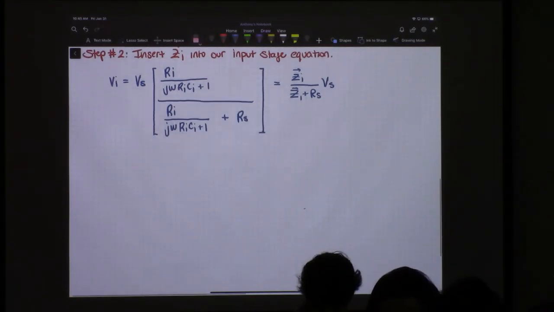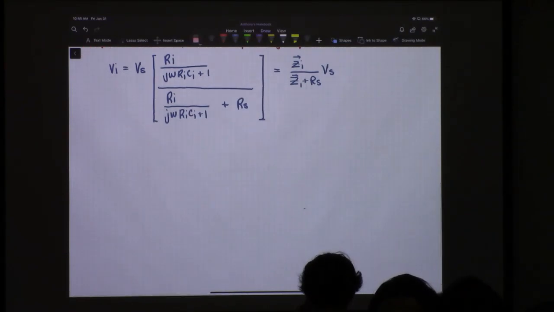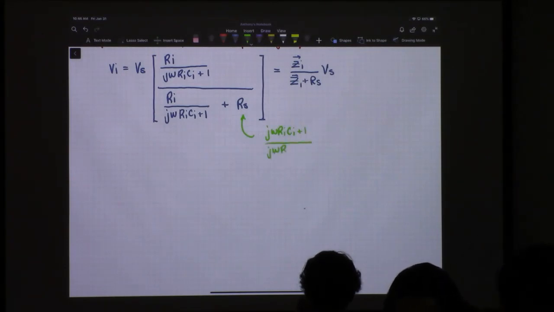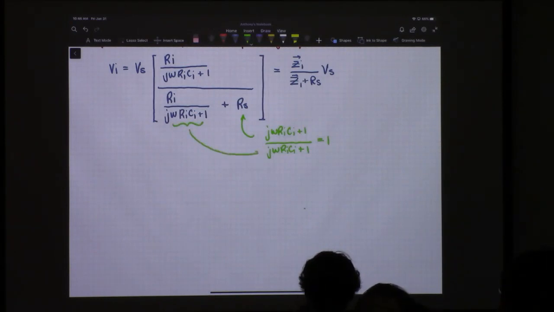So how do we get the fraction out of the denominator? What we're going to do, again, is multiply this by j omega Ri Ci plus 1 over itself, because that's equal to 1. And that gives us a common denominator with what's on the left.